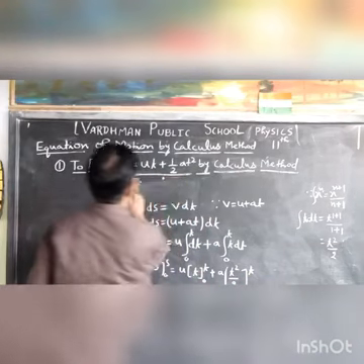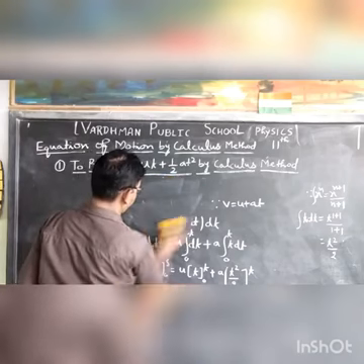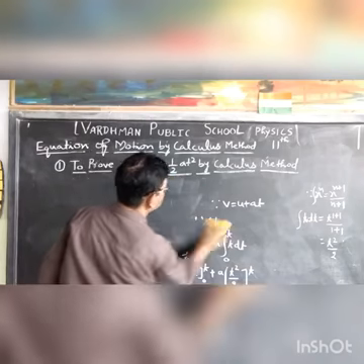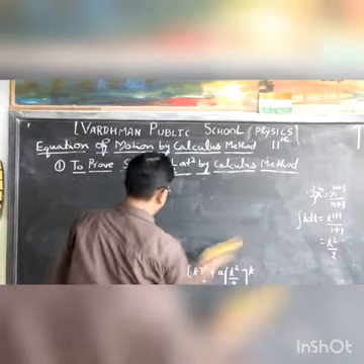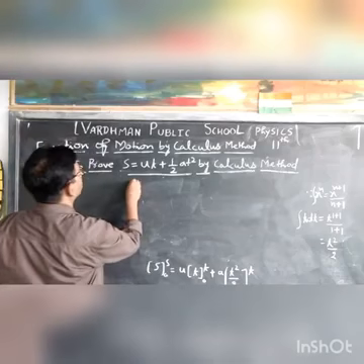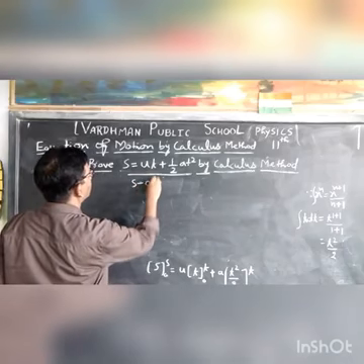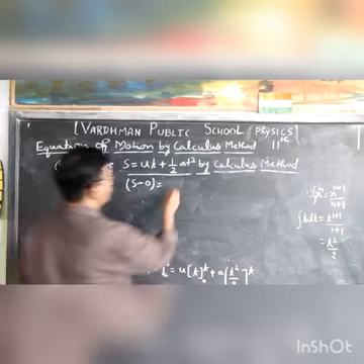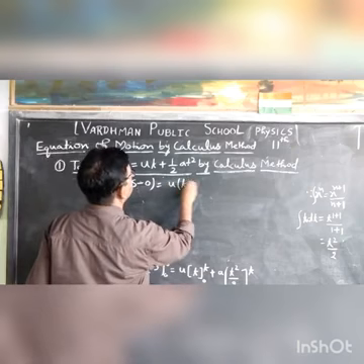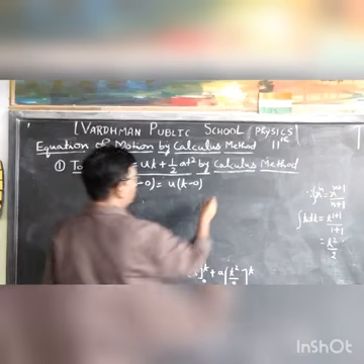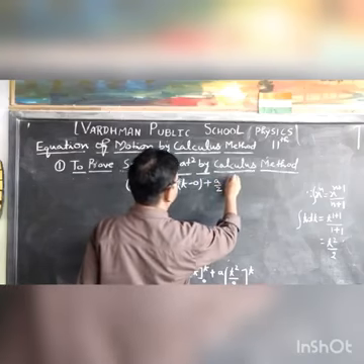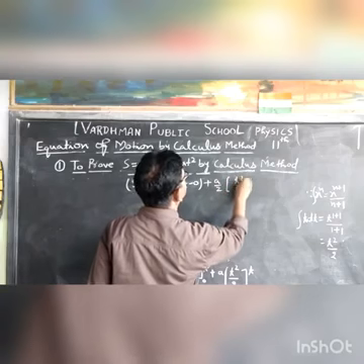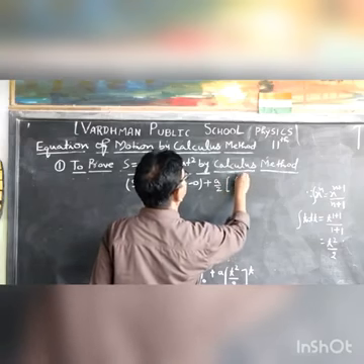Now s minus 0 is equal to ut minus 0 plus a times t²/2.